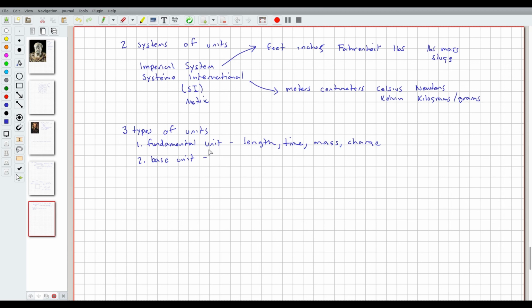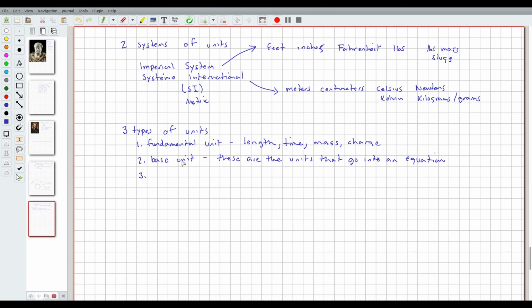They may not be fundamental, like I said, or they may, but they are the unit that you use when you're using an equation itself. So base units are the units that go into an equation.